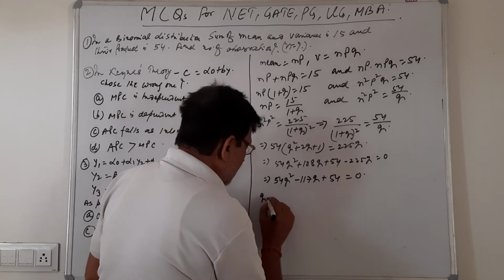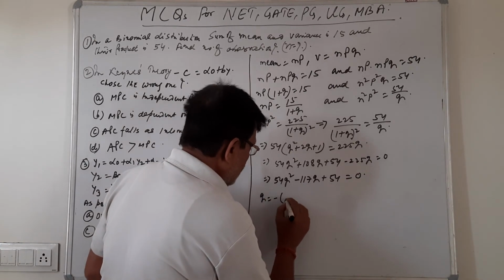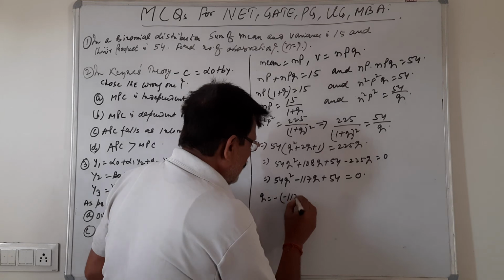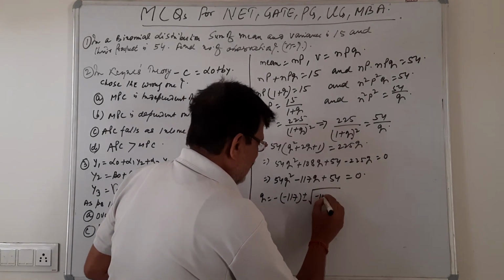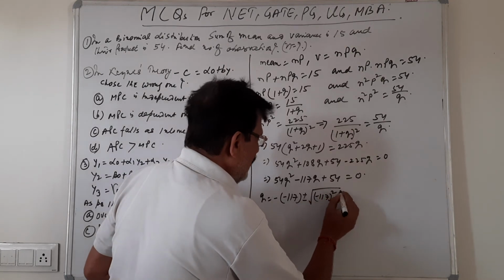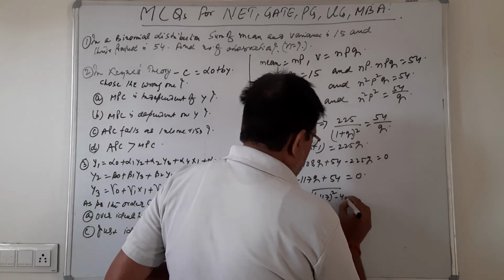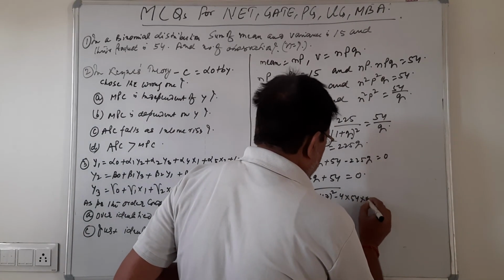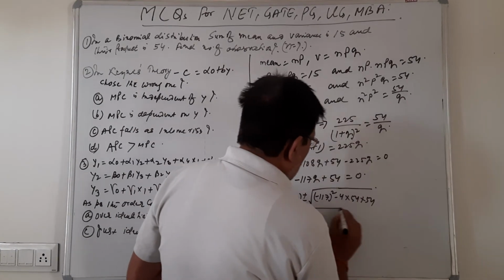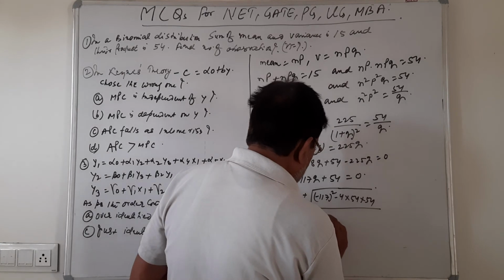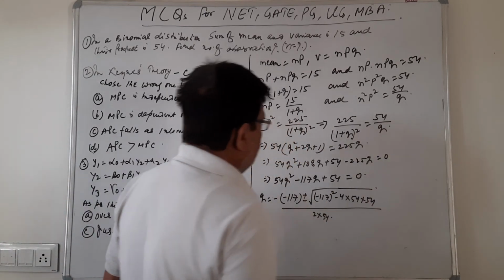So q would be 117 plus minus square root of 117 square minus 4 into 54 into 54, and this whole divided by 2 into 54.